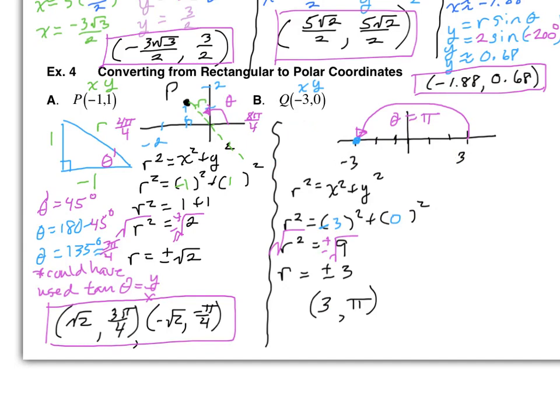Okay. So then I know that my other R has to be -3 because that's my other choice. So then we have to decide what is theta going to be. So let's think about this. If R is negative and I land here, won't the negative shoot me over here to the left? If theta lands me on this side and R is negative, it'll shoot me through the hole over here.